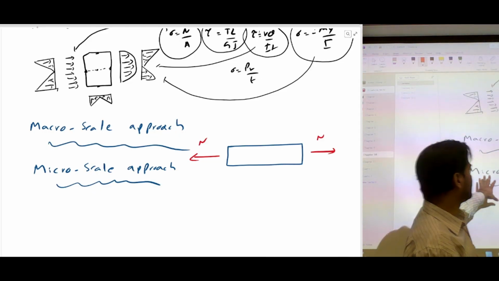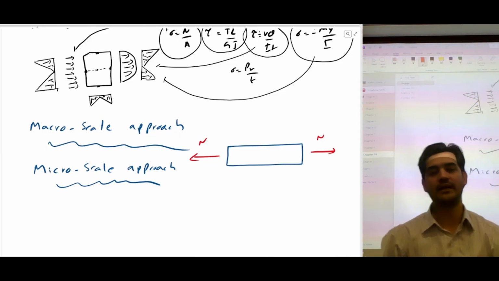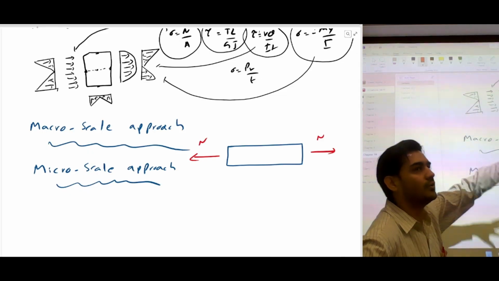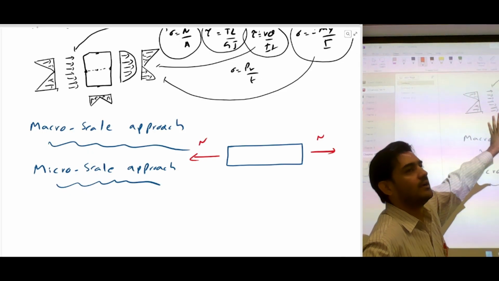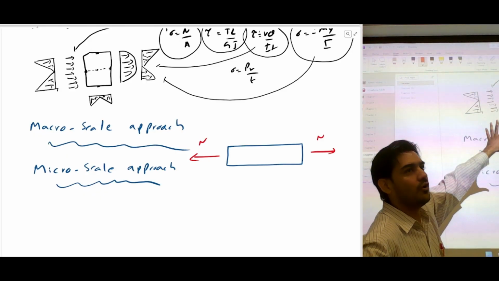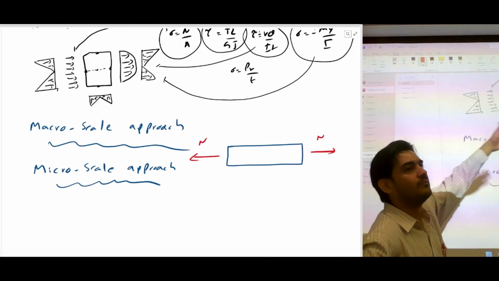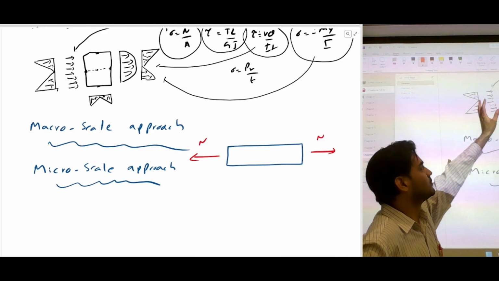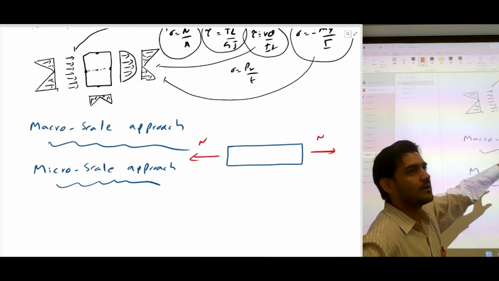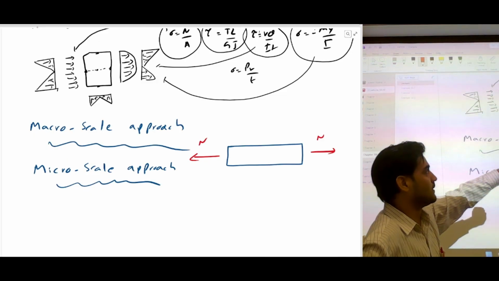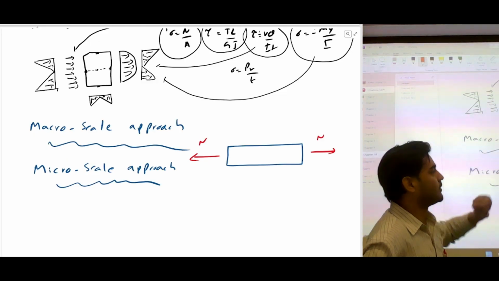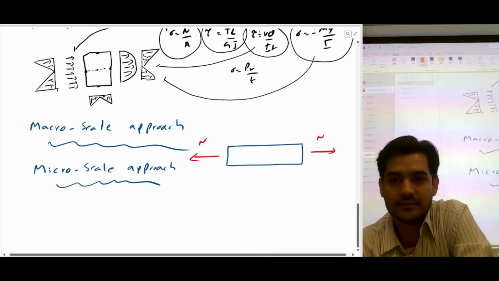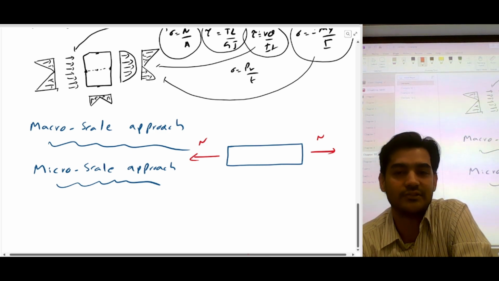Another way is to use a micro scale approach. And micro scale approach is handy when you have combined loadings. As I've explained, you have a somewhat complicated scenario going on. It's not straightforward. You have a bunch of different internal loads which vary along the length, and stresses also vary along the cross section. So you have to come up with a combined loading, combined stress. So micro scale approach is easier in this way.